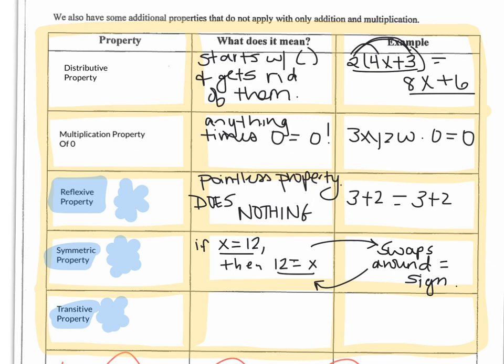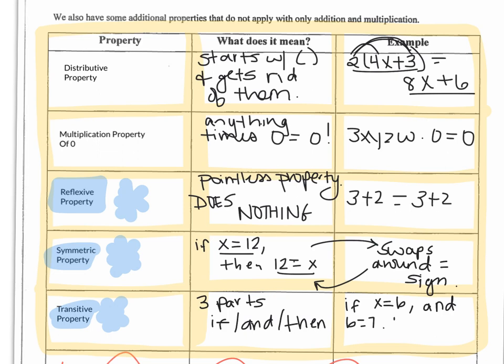And last but not least, we're going to talk about the transitive property. The transitive property always has 3 parts. It has the word if, it has the word and, it has the word then. So here's what the transitive property says. If x equals b and b equals 7, then what?